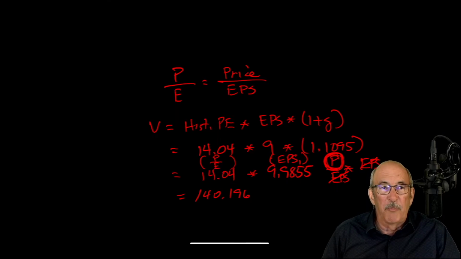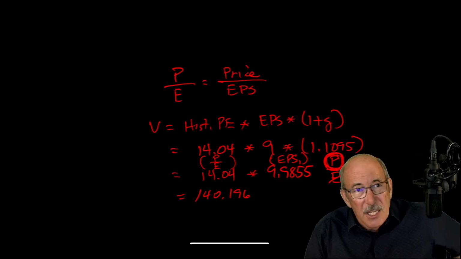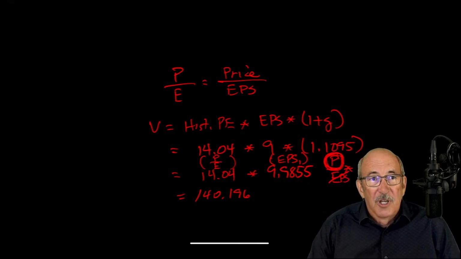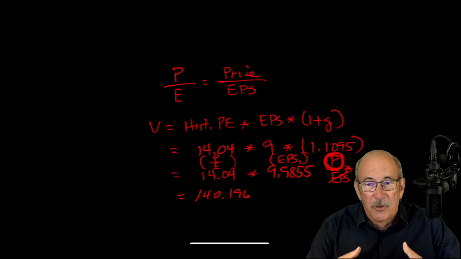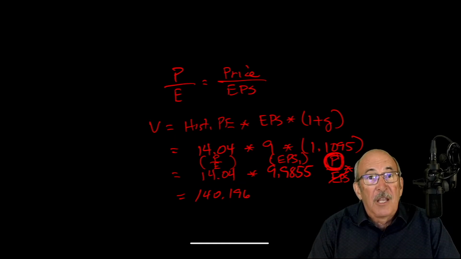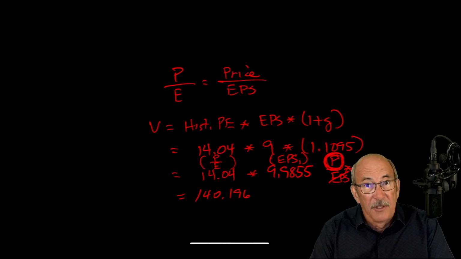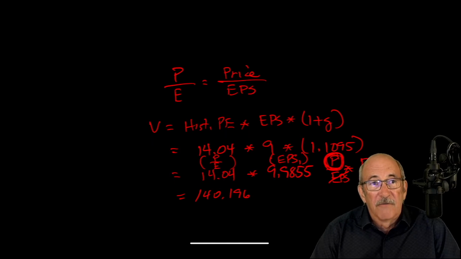Now, remember, we can use the historical PE for the firm itself, or we can use the PE for comparable firms that exist right now. We can look at their current PEs. Both methods are effective.